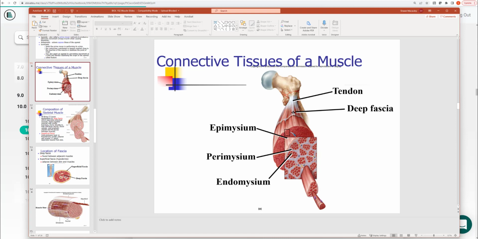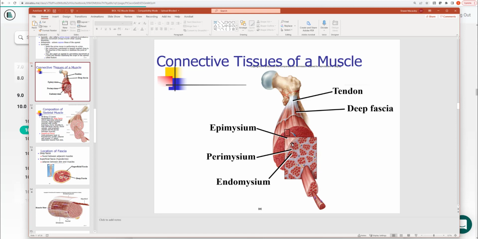In addition to the deep fascia, now we have the epimysium, perimysium, and endomysium. So if we take a look here, here's the muscle, the outer edge of that muscle. The outer layer of the muscle is the epimysium. Within the muscle, I have these circular arrangements called fascicles.